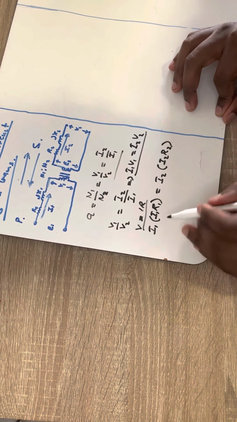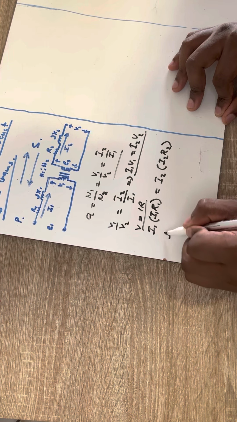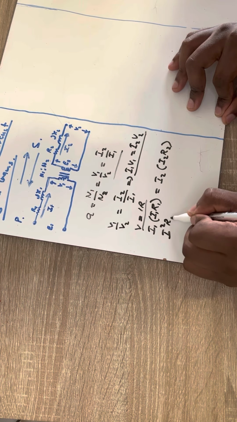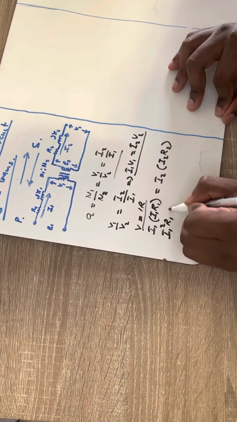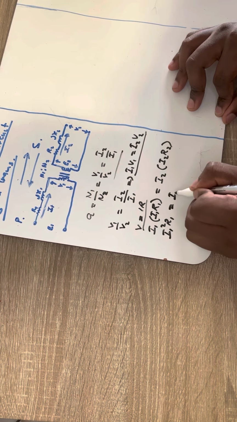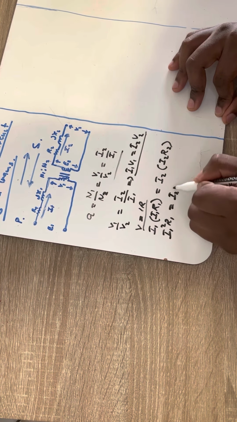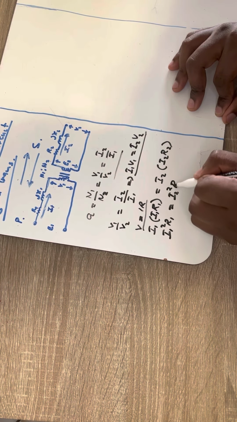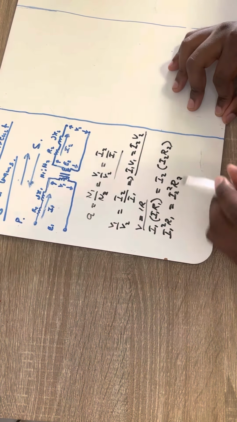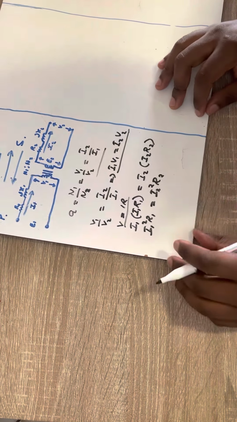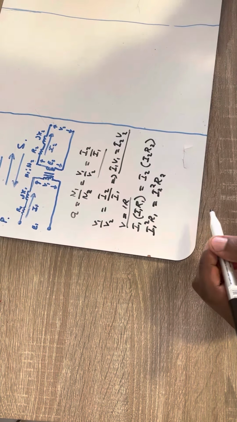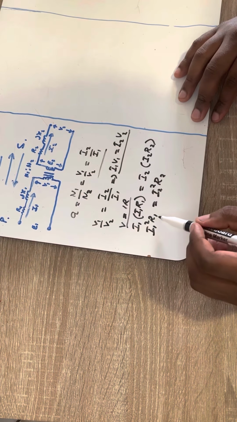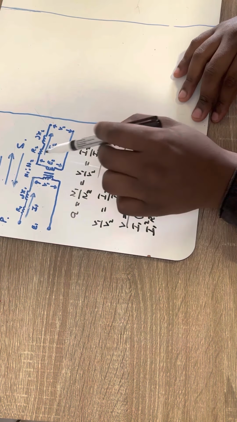So if we multiply out, we will have I1 squared R1 equals I2 squared R2, right?